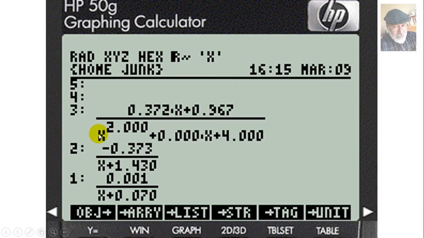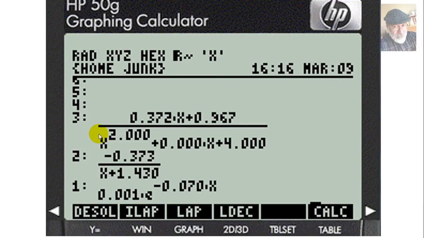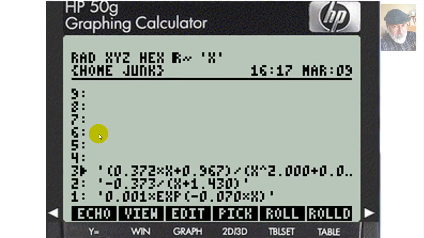So now is when I will ask for the inverse Laplace of each one of those partial fractions one by one, the first one, and then I go with the up arrow key twice. You see this cursor up here. I move it all the way to level 3, and then I click on this function, which is roll down.